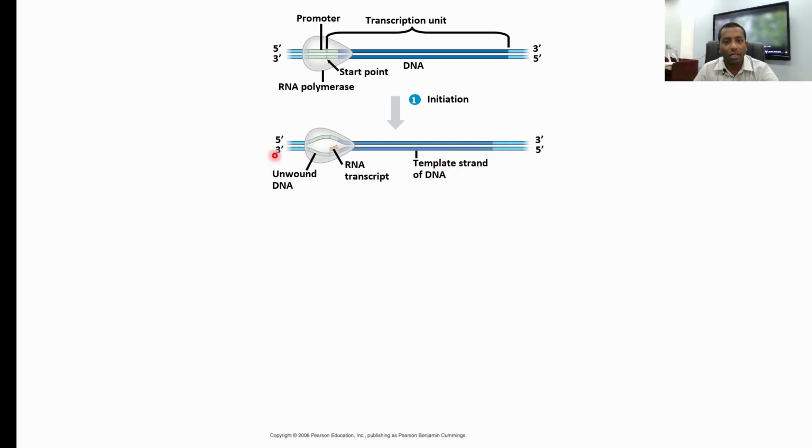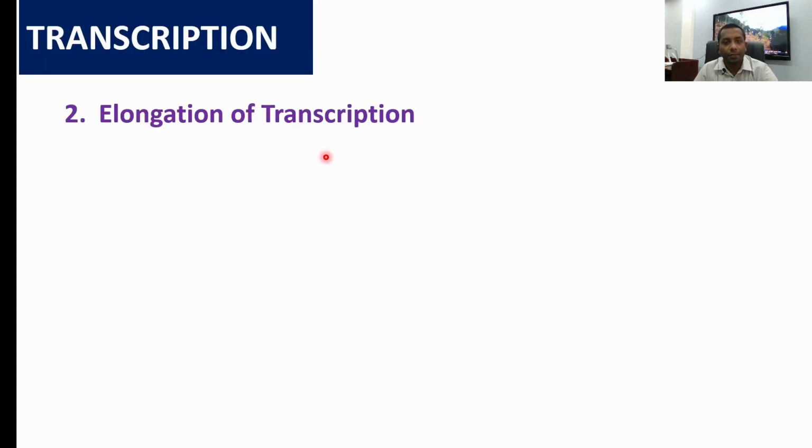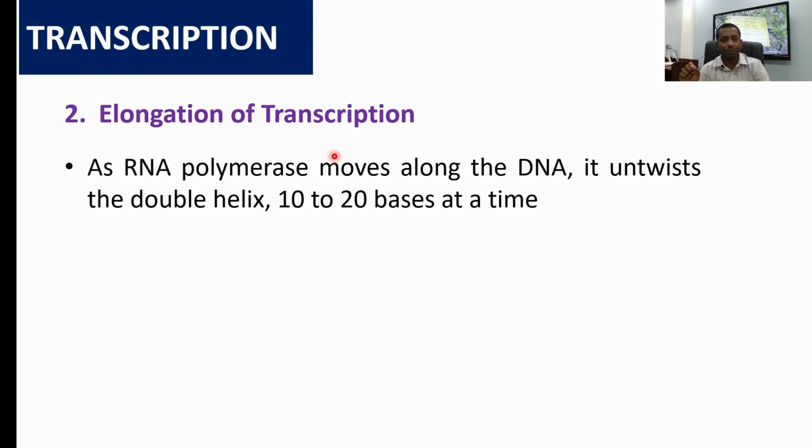So the 3' to 5' strand is used in this transcription stage, not the 5' to 3' DNA strand. So now the first step, the initiation of transcription, is done. Now the second stage in transcription is the elongation of the transcription.